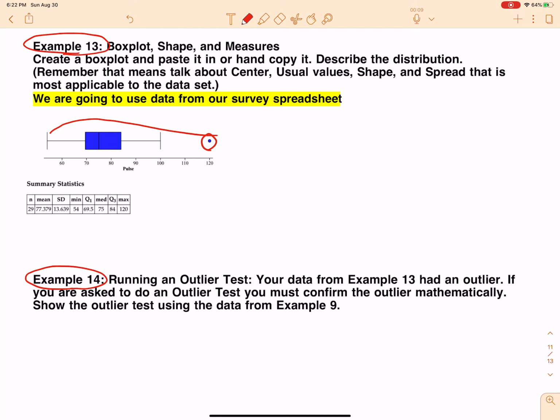So I am going to write, the pulse rates are somewhat... Oh, Ms. Griggs, your handwriting is out of control. You don't have to say somewhat. You can just say it's right skewed.